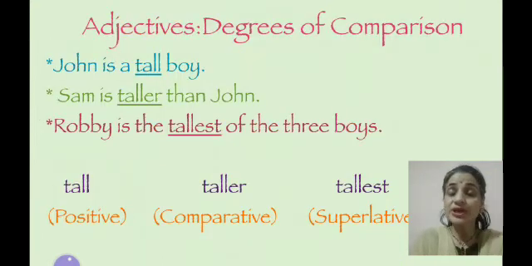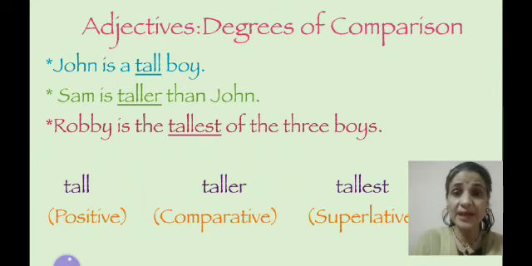So, in short, you have understood what the degrees of comparison are: when the same quality or adjective is used to compare two or more than two persons or things, we use the different degrees of comparison, like tall, which is positive degree, taller, comparative degree, and tallest, that is superlative degree.